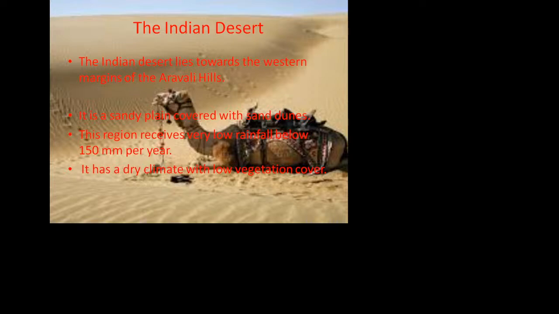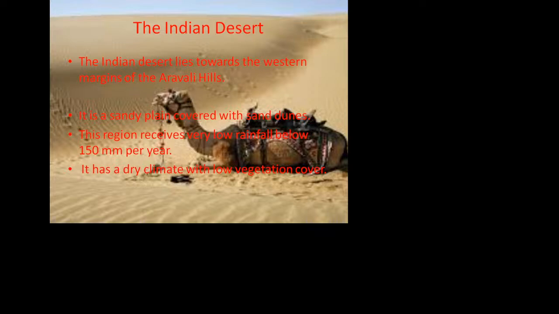Now, let me tell you the definition. Now, let me define metamorphic rocks. Metamorphic rocks were once igneous or sedimentary rocks, but have been changed, metamorphosed as a result of intense heat and or pressure within the earth's crust.